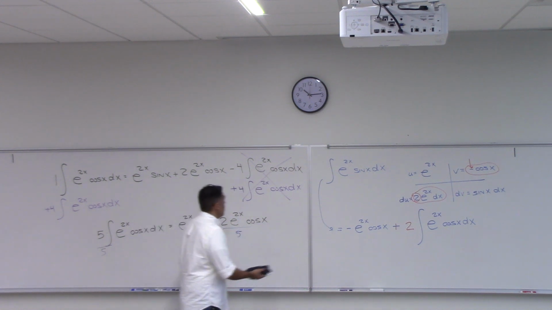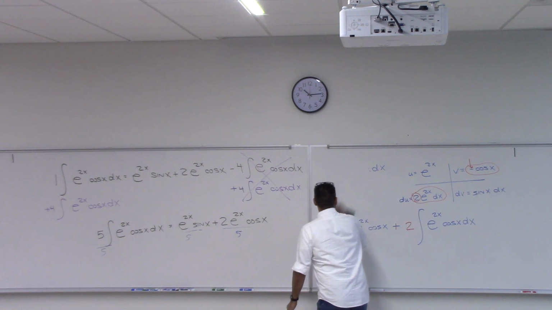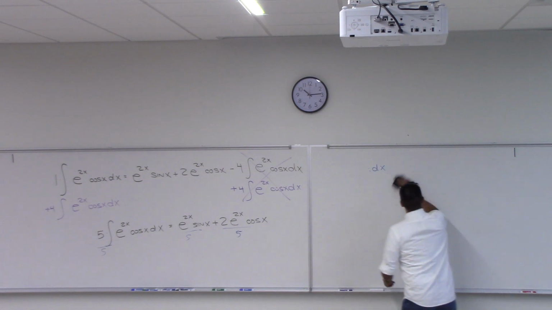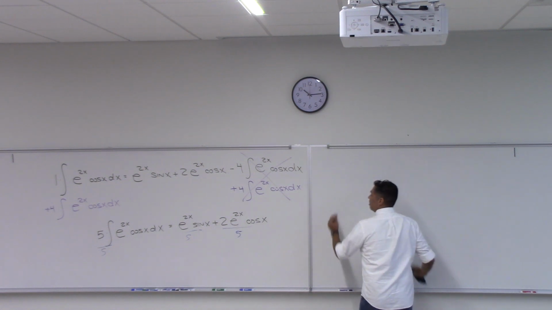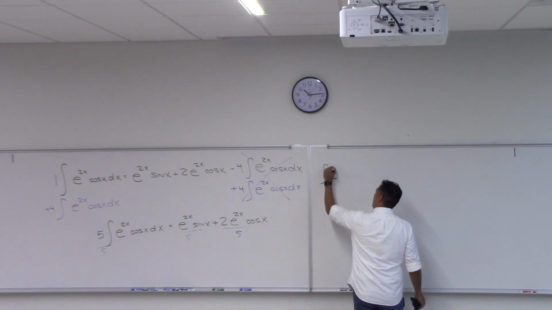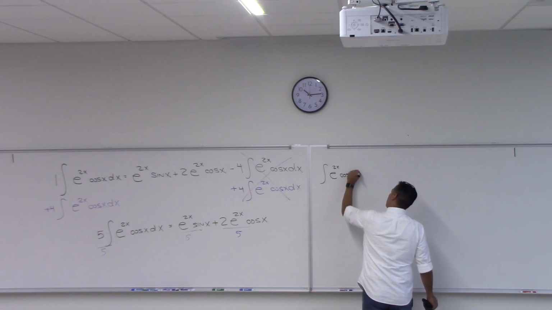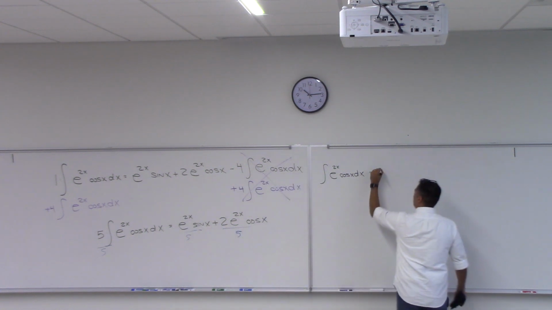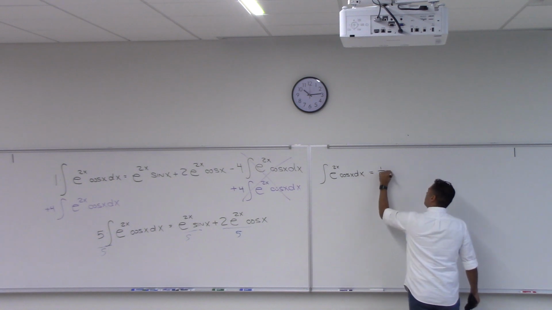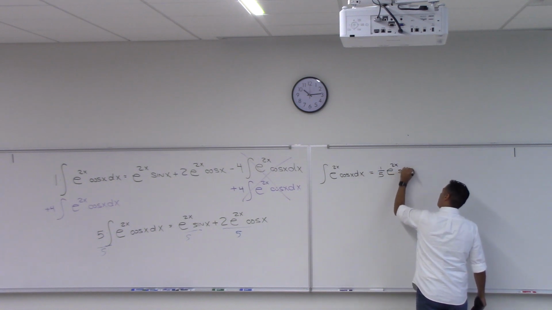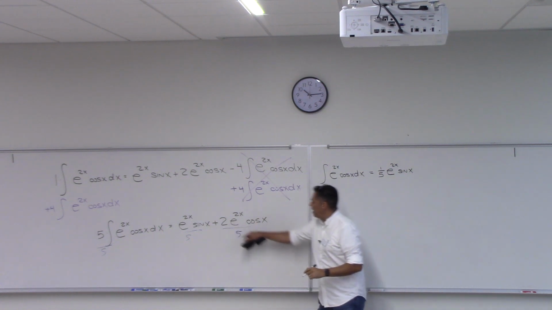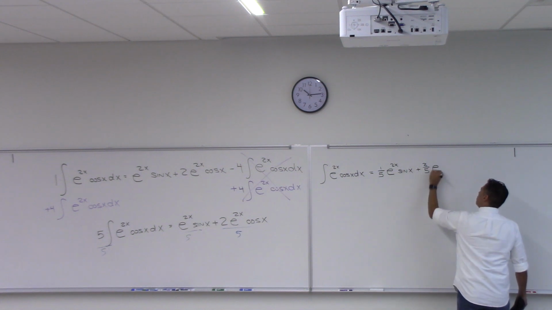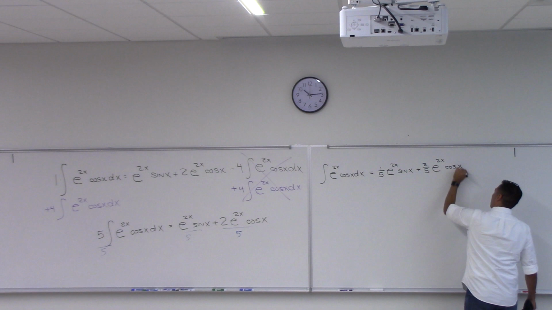And so we get our final result, which is the original integral we're looking for equals, okay, when I divide this by 5, it's the same as multiplying by 1/5, right? So I'm going to write it that way instead of dividing by 5. And then over here, dividing this by 5 is the same as having plus 2/5 in front. And then e to the 2x cosine x.